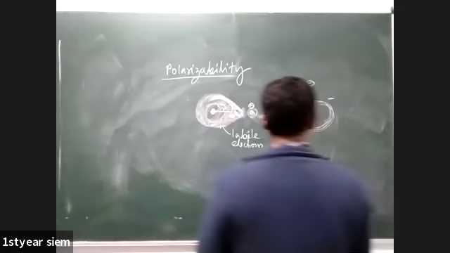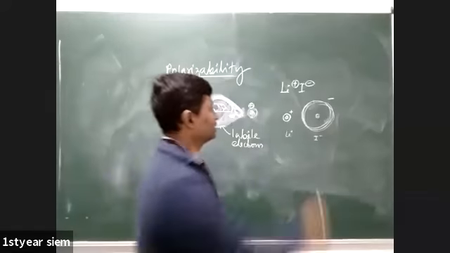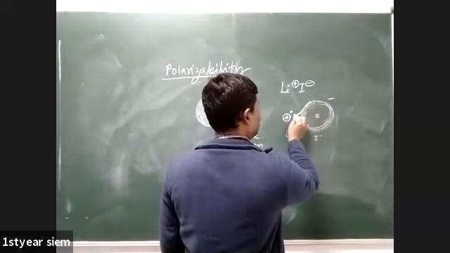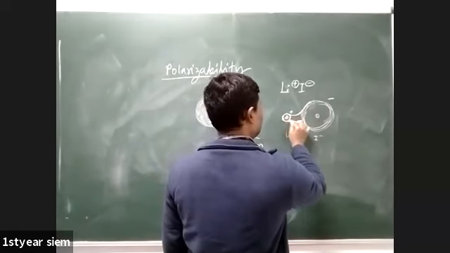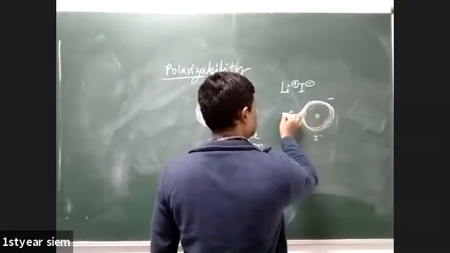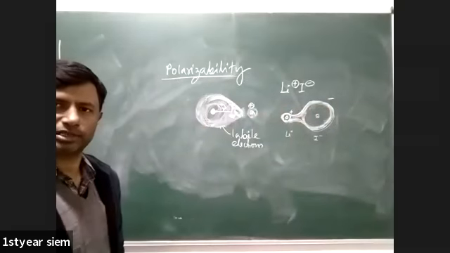So what happens? The electron cloud of the iodide ion is attracted by the lithium plus, the electron cloud shifts toward the lithium plus, and it gradually forms a covalent bond-like structure.